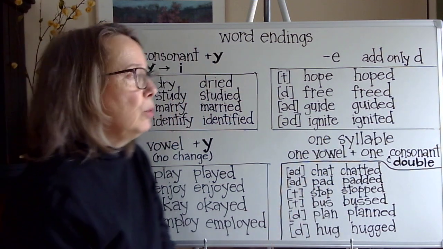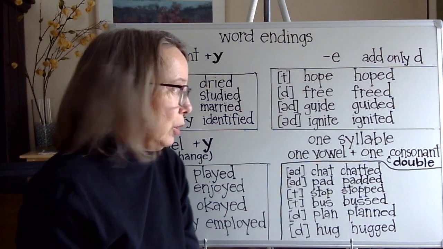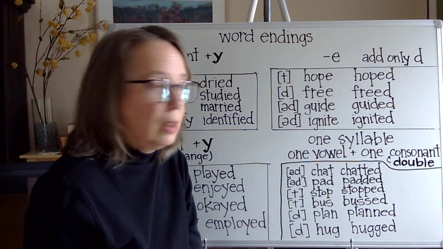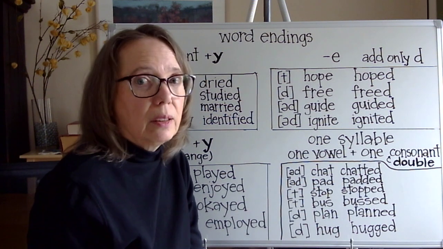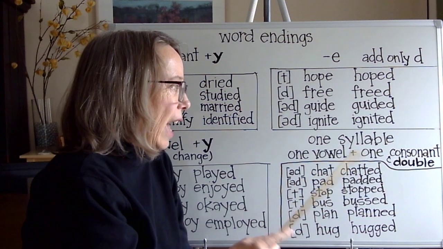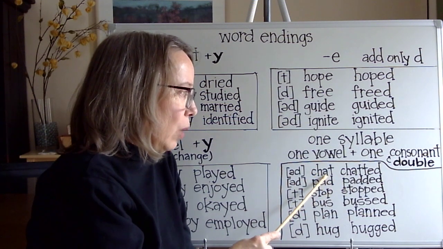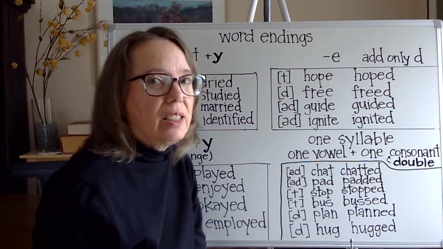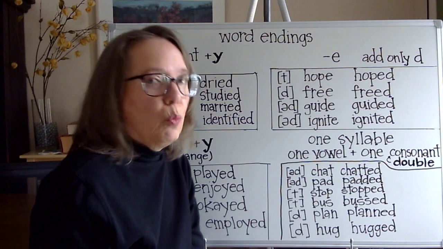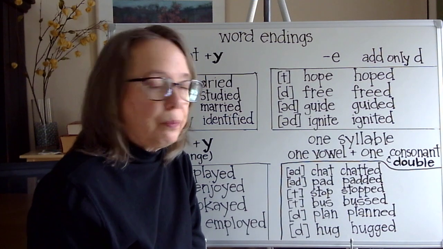Then we come to one-syllable words that have one vowel and one consonant. Chat. It has one vowel and one consonant at the end. And it's a one-syllable word.